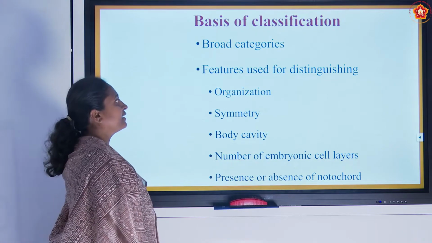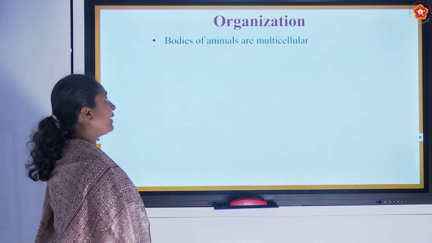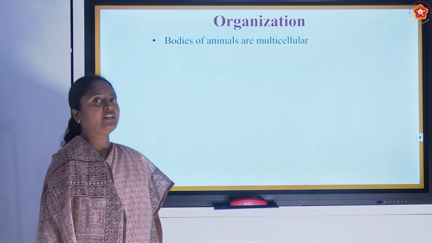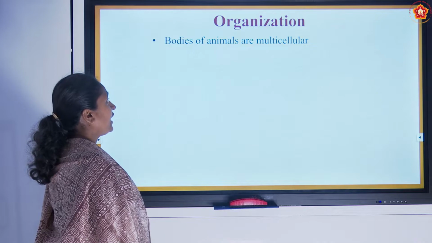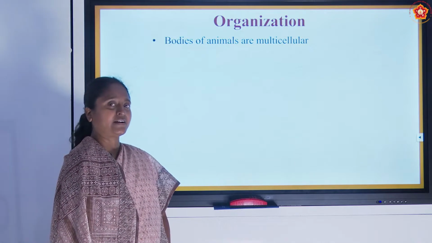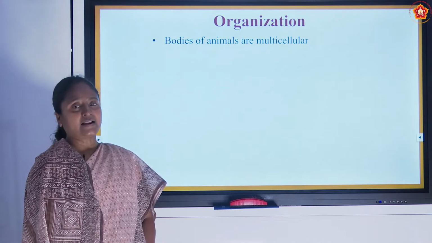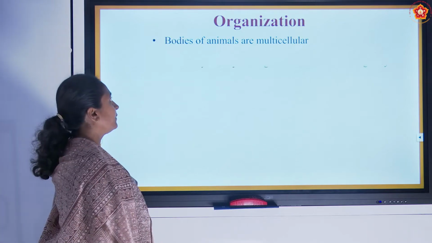Now we will see the details of each and every character, starting with how the animals are classified based on organization. First, the body of the animals is multicellular, which we have already seen is one of the general characteristic features of the kingdom Animalia.